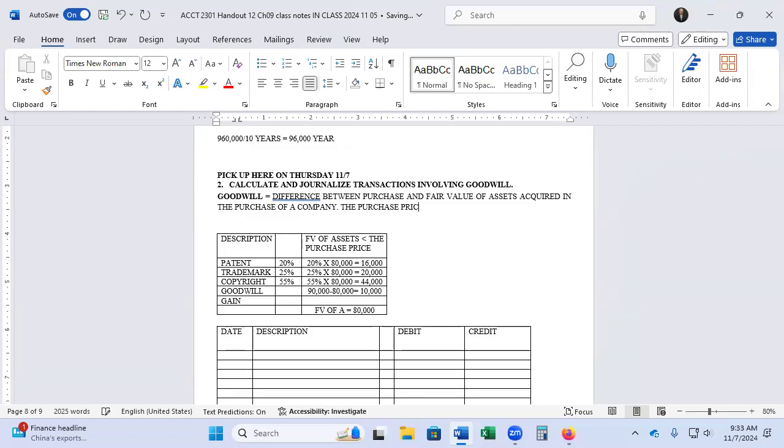Purchase price must be greater than the fair value of assets.